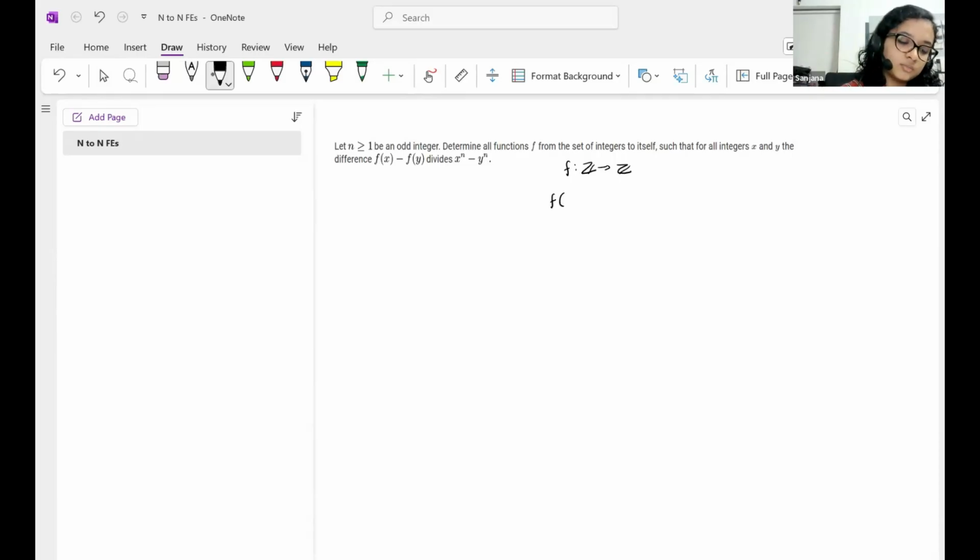The function is from all integers to themselves. So not just natural.